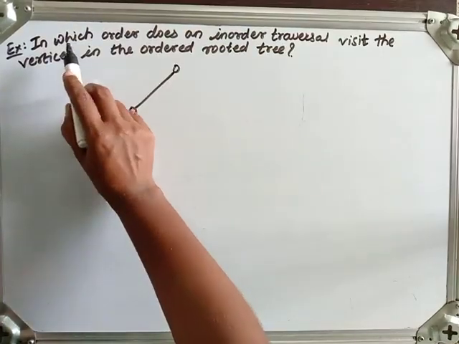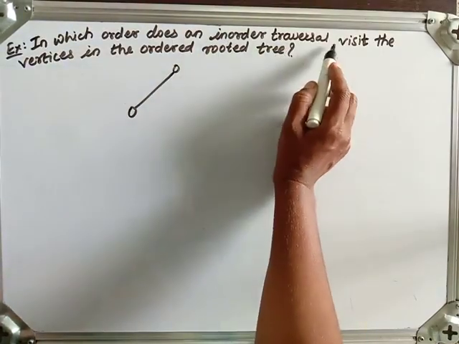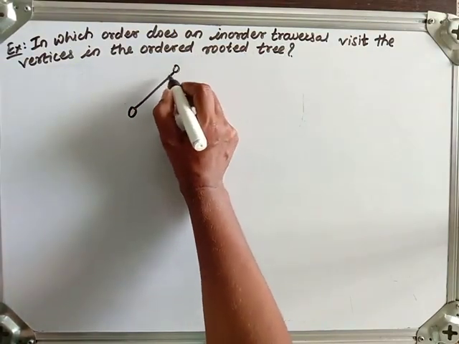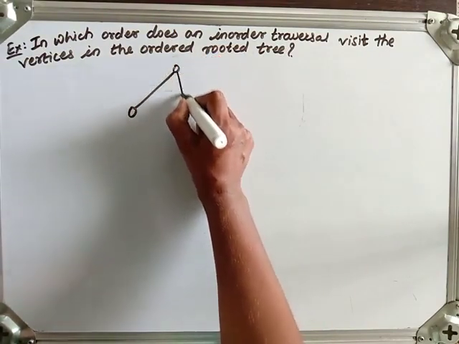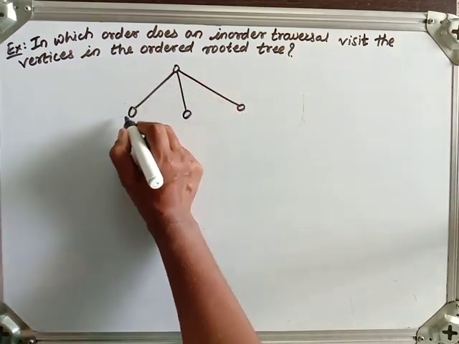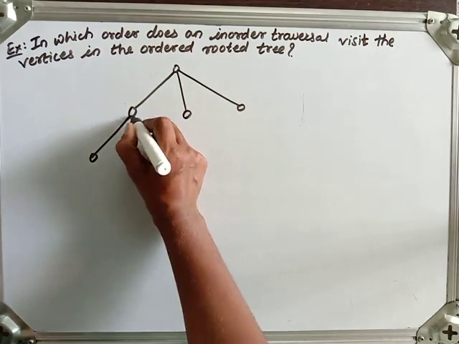The question is: in which order does the in-order traversal visit the vertices in the ordered rooted tree? Now the ordered rooted tree is given, suppose these are the children of this root.